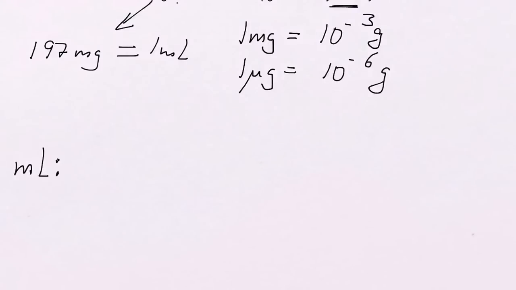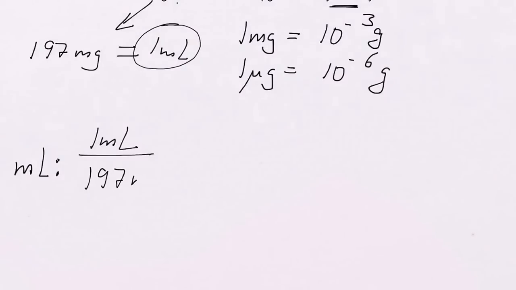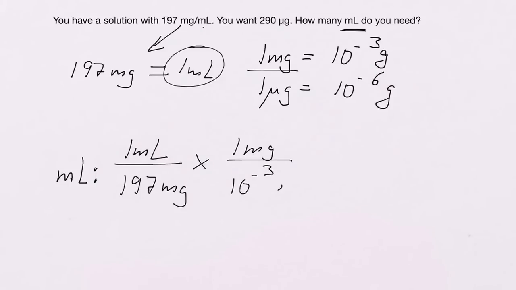So let's see if we've got milliliter anywhere. So we've got milliliter here. So 1 milliliter is equivalent to 197 milligram. Now, do we have milligrams anywhere? Yes, we've got milligram here. So we've got 1 milligram is equivalent to 10 to the minus 3 gram.